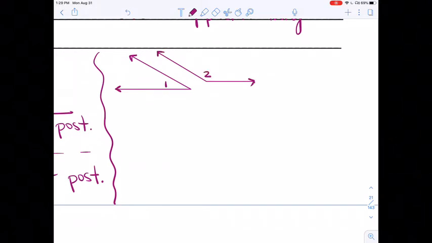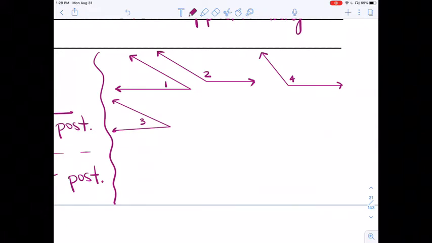And maybe we've got angle 4 here. And maybe we've got angle 3 down here. So here is our congruent supplements theorem.